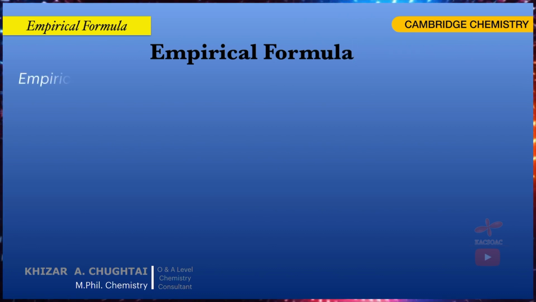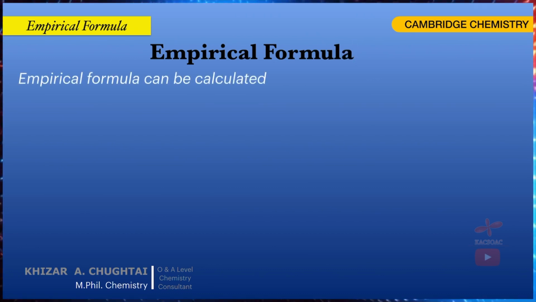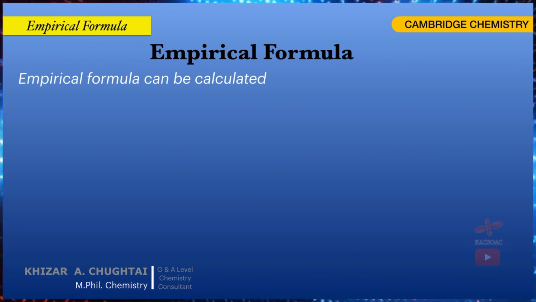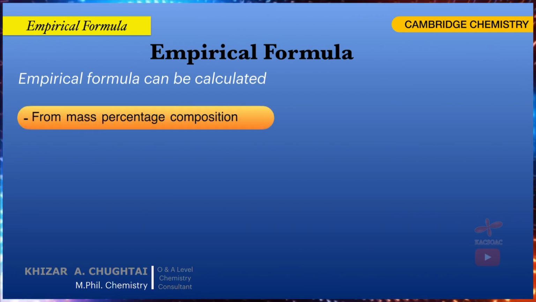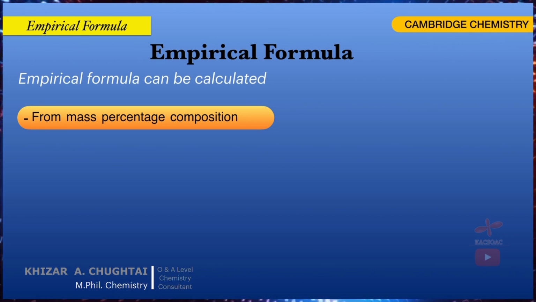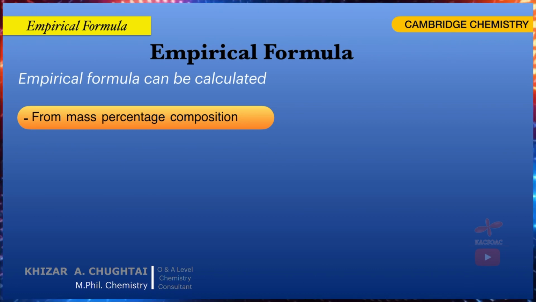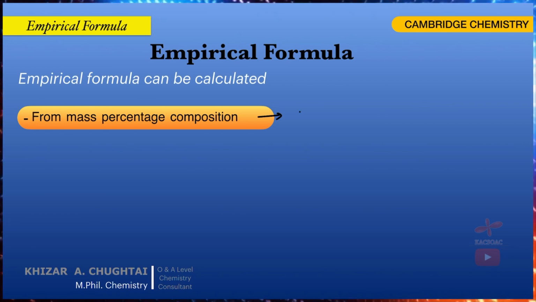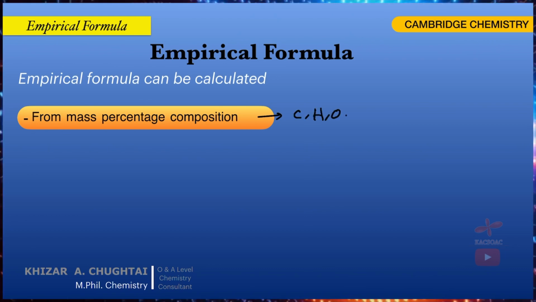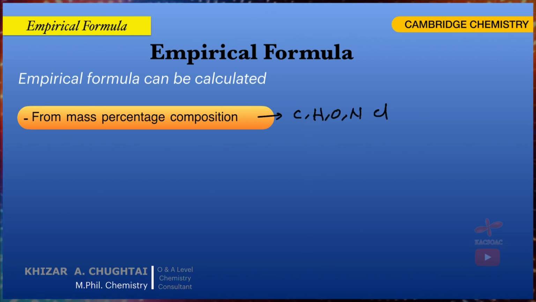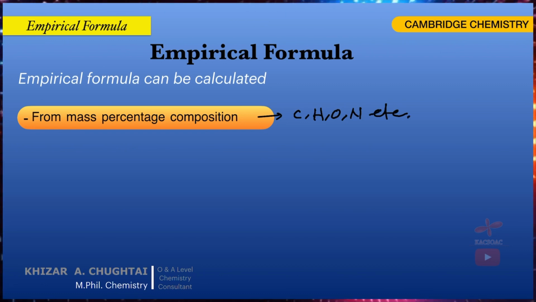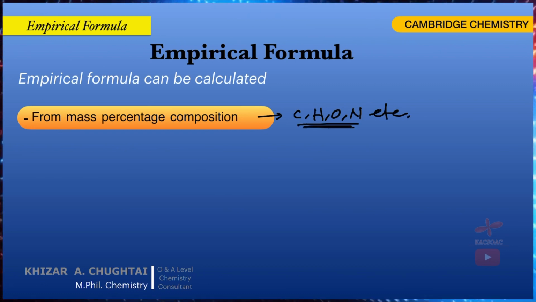Empirical formula can be calculated in three ways or using three options. Number one, from mass percentage composition of the elements, hydrogen, carbon, oxygen, nitrogen, etc. So from the mass percentage composition, we can calculate the empirical formula.